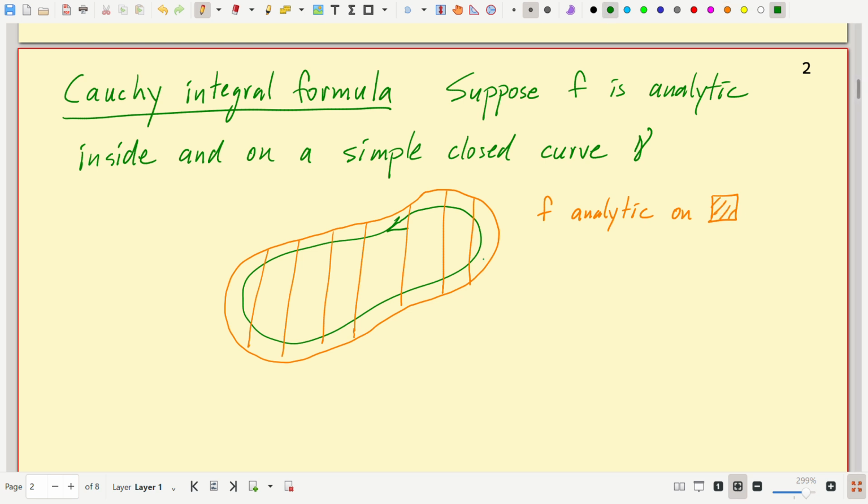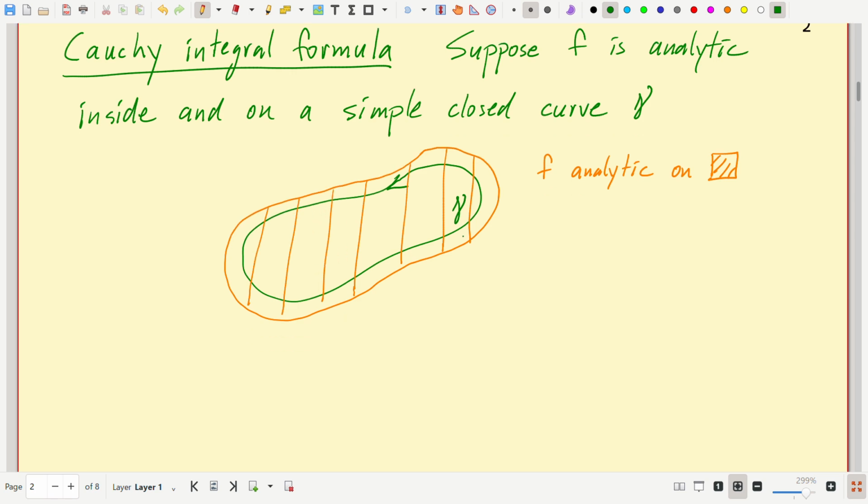And here's my gamma, the green thing, going around. The Cauchy integral formula is for, let's say, suppose f is analytic inside and on a simple closed curve, and a is inside gamma. So here's my a, some point inside gamma.